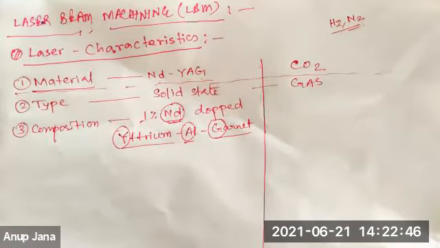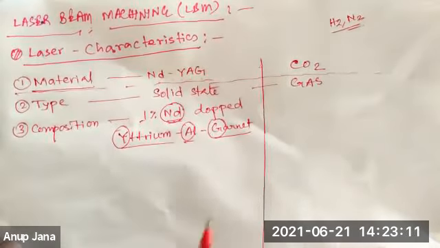But in case of ruby laser, we have discussed that we use chromium. Here we use neodymium. This was discovered in 1964, and it is very useful.